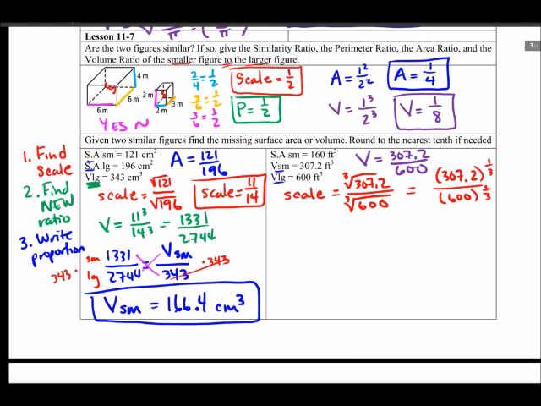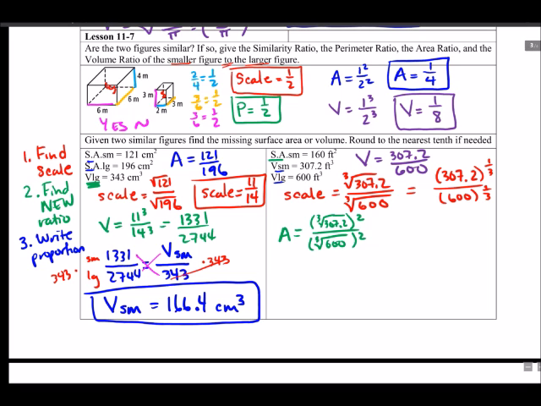And so now we need to find our new ratio. Well, what are we looking for? We're looking for surface area. And what do we know about our area ratio? Our area ratio is our scale squared. So we can either do the cube root of 307.2 and then square that over the cube root of 600 and square that.